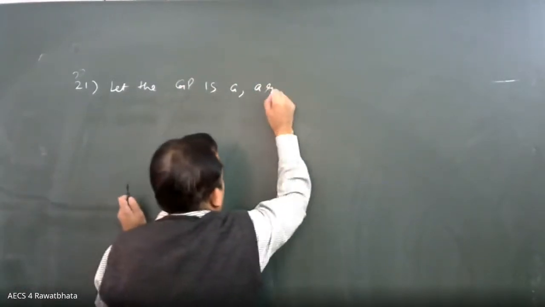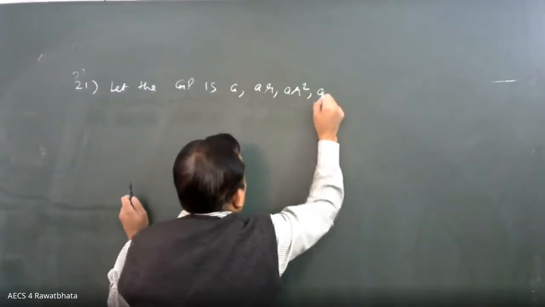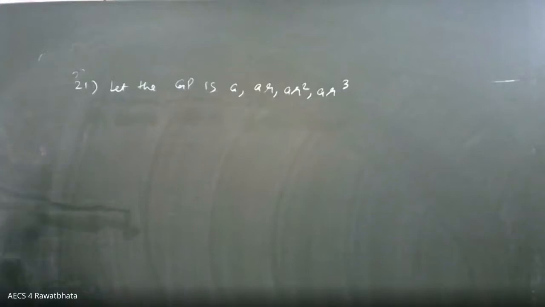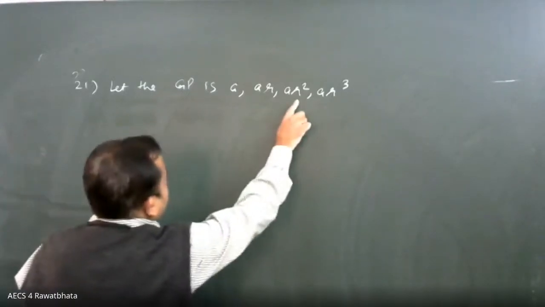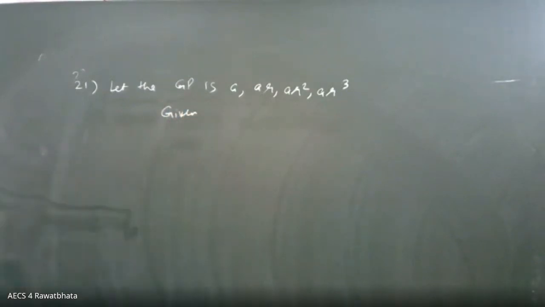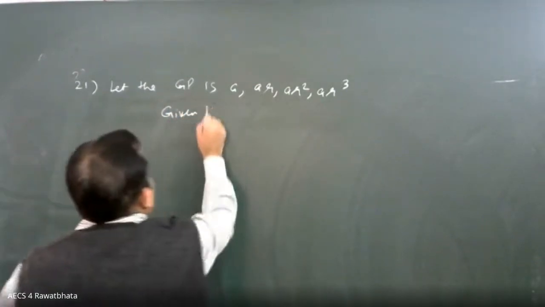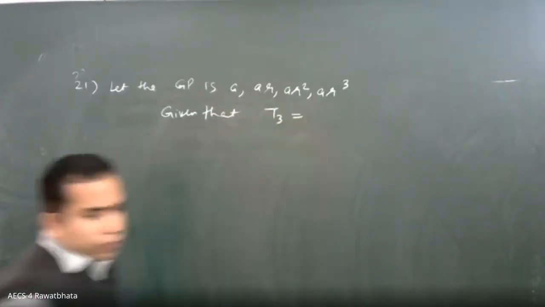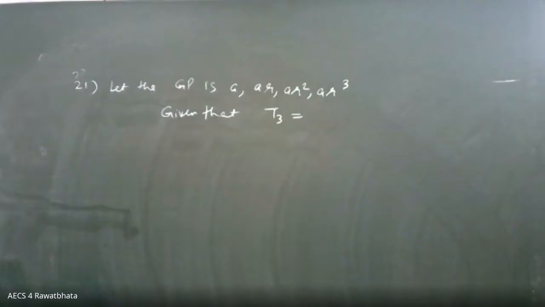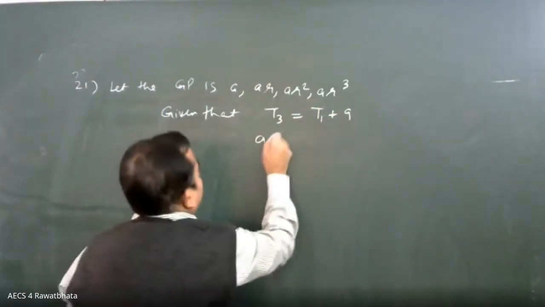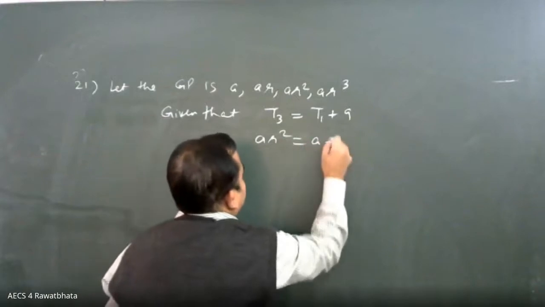So I have assumed the four numbers in GP. Now, given that T3 is equal to T1 plus 9, which means ar square is equal to a plus 9.